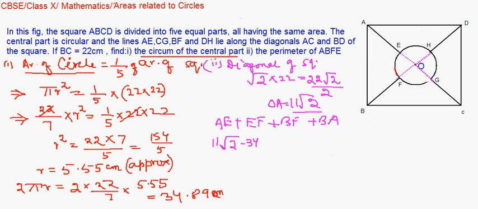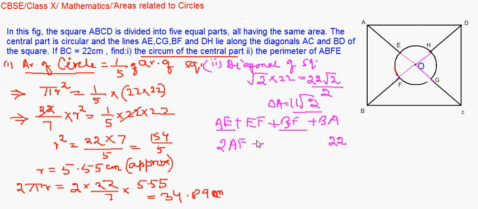BF is equal to AE. I can write AB as 22, and twice of AE here.